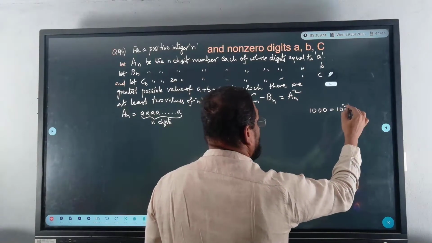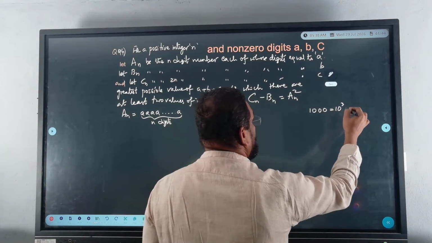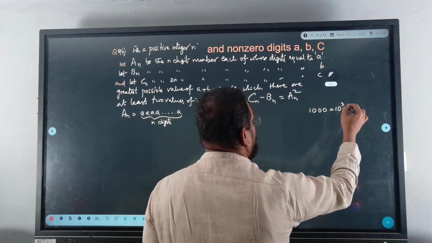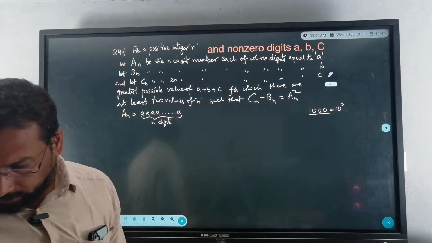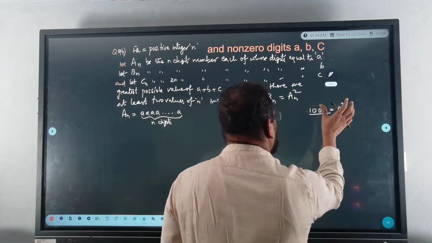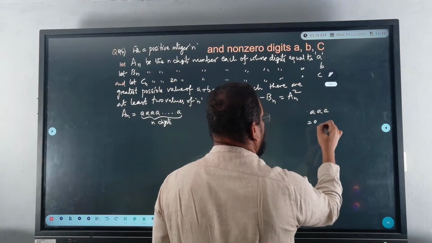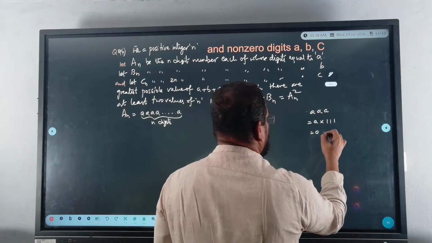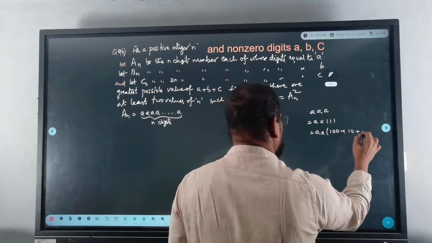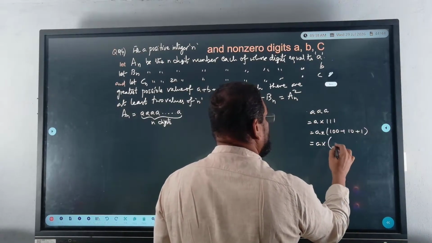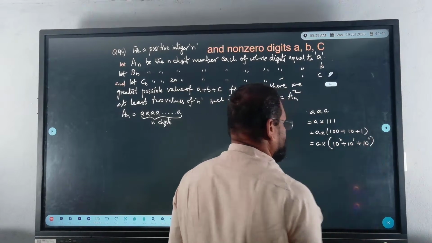It is 10 power 3 plus 10 cube. Suppose this is a into 111. This is a into 100 plus 10 plus 1. This is a into 10 power 2 plus 10 power 1 plus 10 power 0.